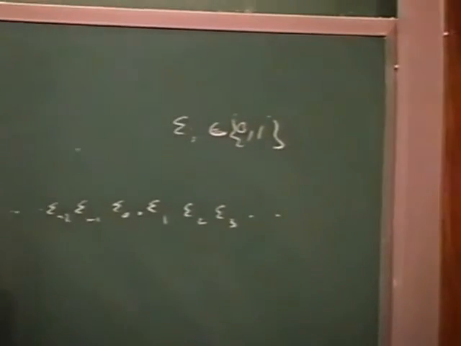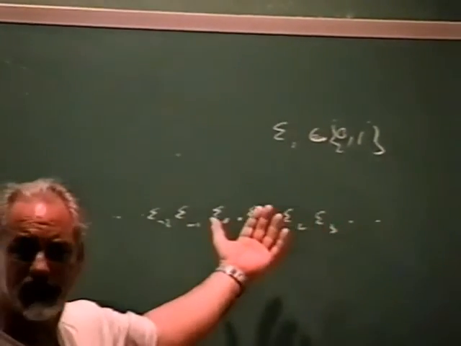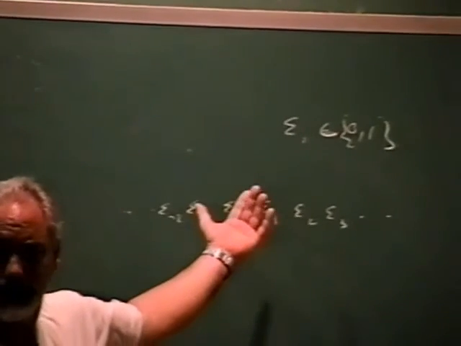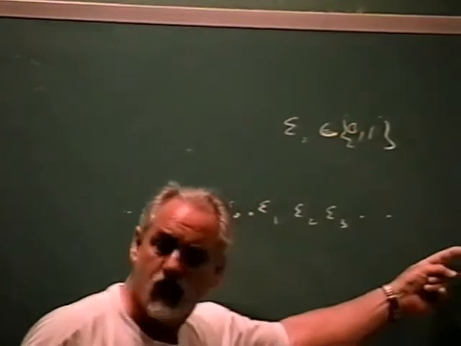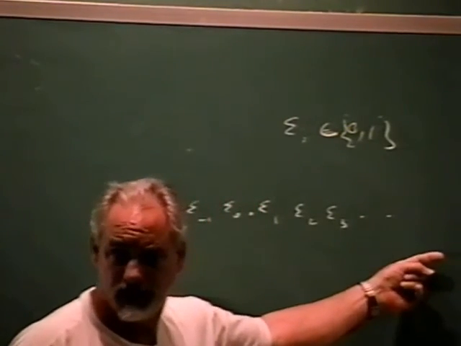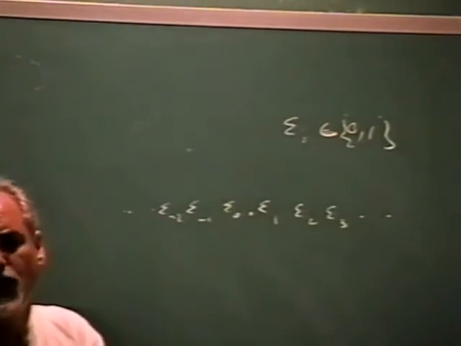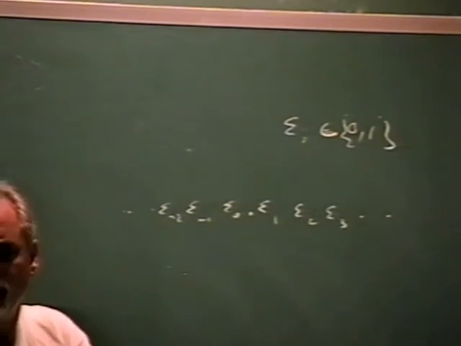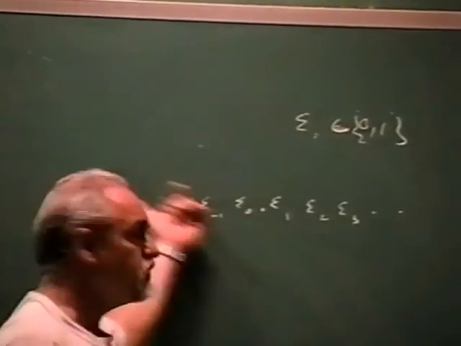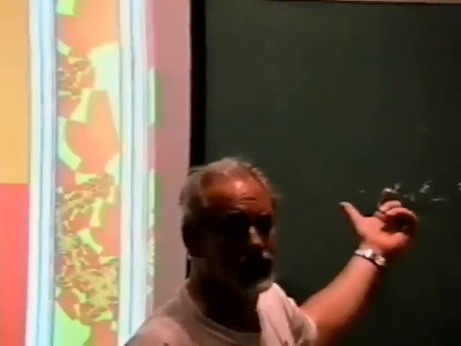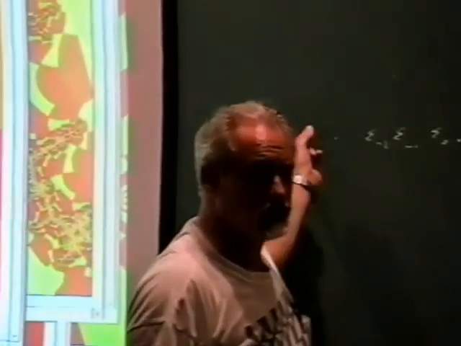You can write them as bi-infinite binary expansions, except that to the right you have the ordinary requirement that point 1000 is the same thing as point 01111. You have the ordinary identifications. And to the left you have no identifications, and nobody tells you that it has to end with zeros or ones.